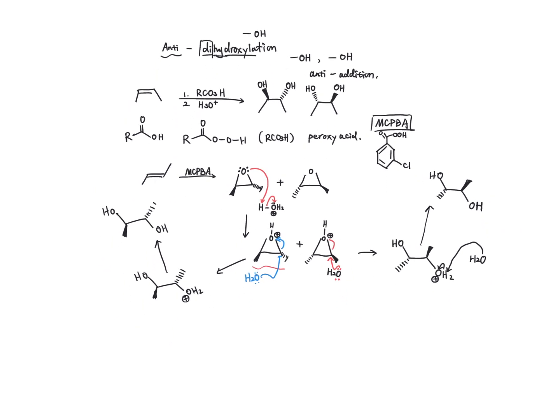So if we have an alkene, for example like this, and we are running the anti-dihydroxylation with peroxy acid, and the second step uses hydronium, the outcome here is, first you can draw OH on the opposite sides by showing dash and wedge, and then accordingly put the other substituents on.